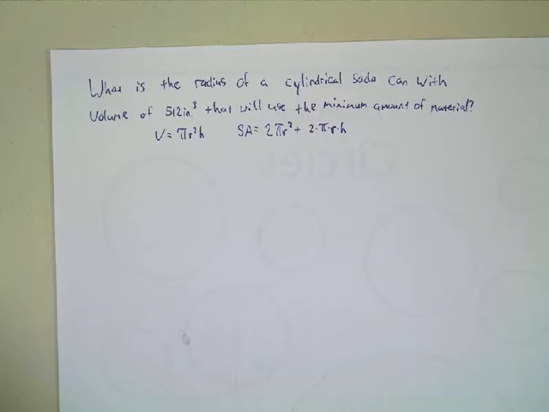When did you take the derivative? I didn't yet. So you shouldn't set equal to 0 then. You only set equal to 0 after taking the derivative, right? So that would be to minimize the surface area, right? SA equals 2 pi r squared plus 2 pi r h.